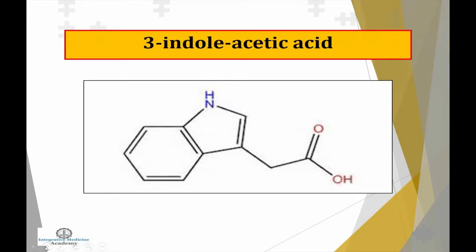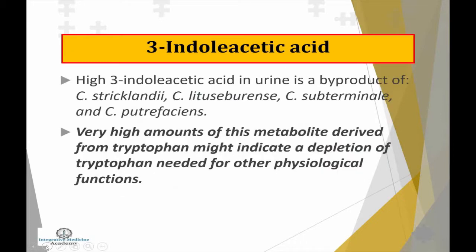3-indolacetic acid. This is the one that you very rarely see, at least in my experience. It does come about from different types of Clostridia bacteria. Now, very high amounts of this metabolite could be from a depletion of tryptophan. Okay, so there's always that possibility.